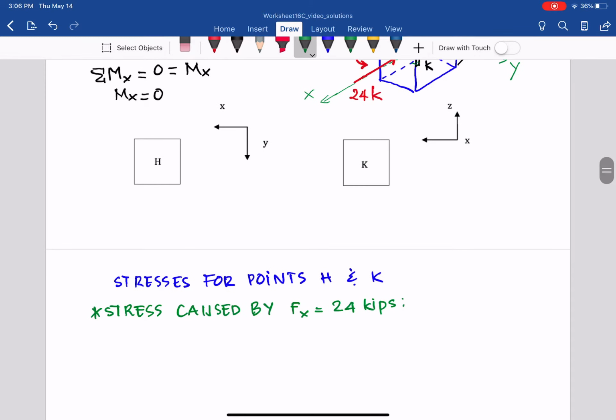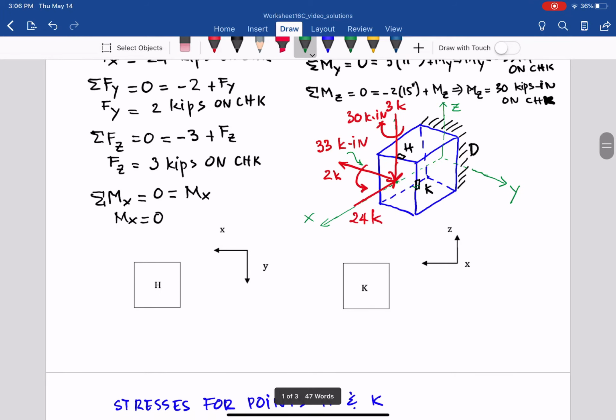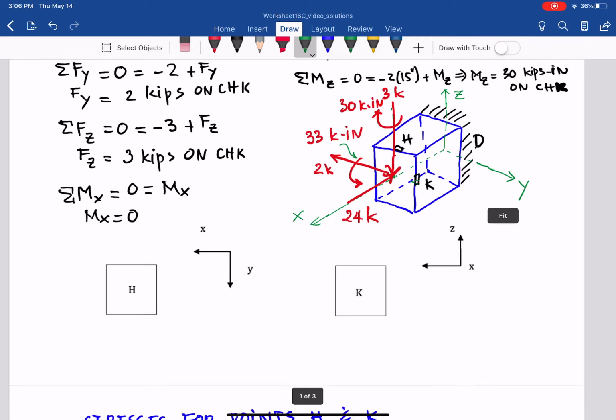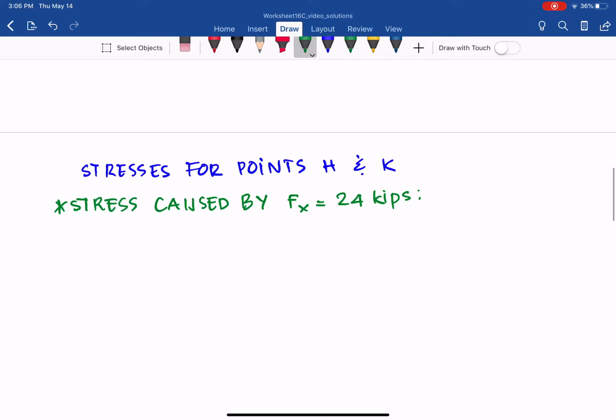From here, as you can see, the 24 kips goes into the cut, so it will create a normal stress in compression for both H and K, because that is an axial load. So any point on that cross section should have the same stress. Both H and K have the same, and that is perpendicular to the X plane, along the x-axis. So sigma x equals P over A for the axial load, and that is compression.